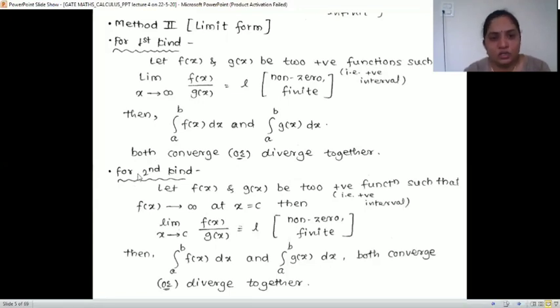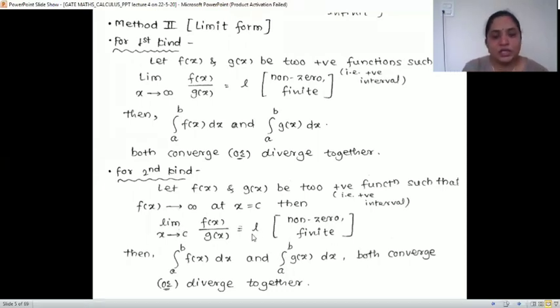Now for the second kind of function: there are two functions, say f of x and g of x, but the function f of x tends to infinity as x tends to c. So what is c? c is in between the limits a to b. There is an interval a to b, and c is in between a and b, and for that c, if the limit of f of x as x tends to c is infinity, that is, any one function is tending to infinity, then we check the limit as x tends to c of f of x upon g of x, and that is equal to L again, non-zero and finite.